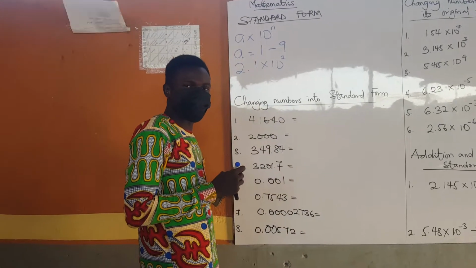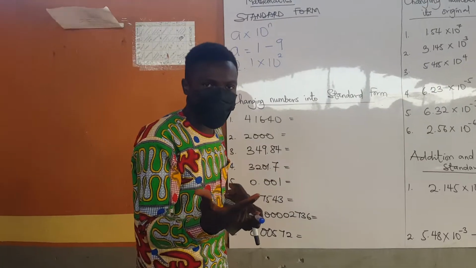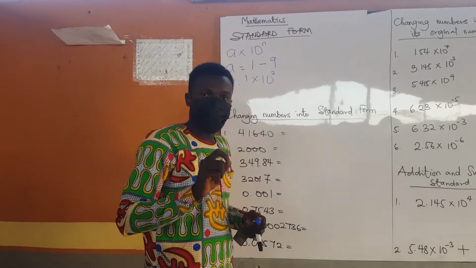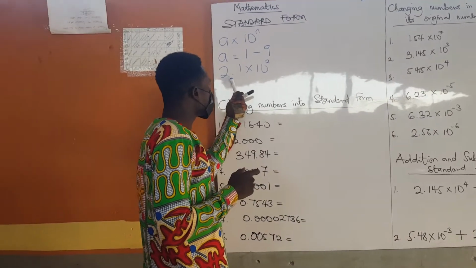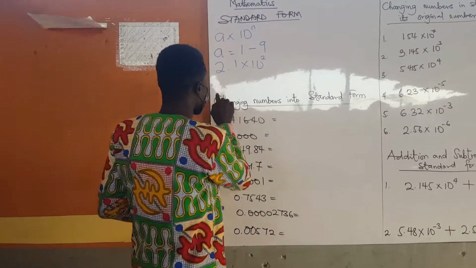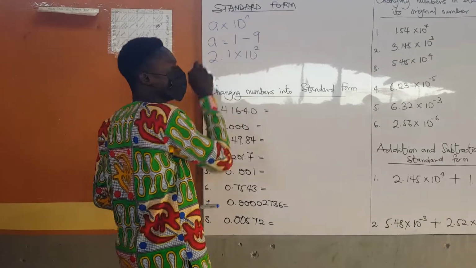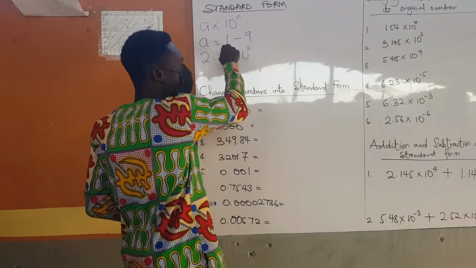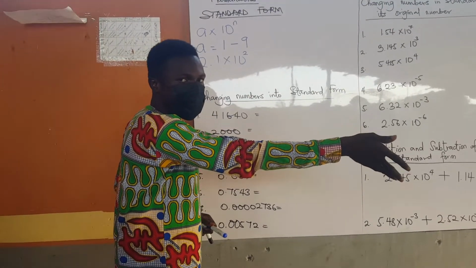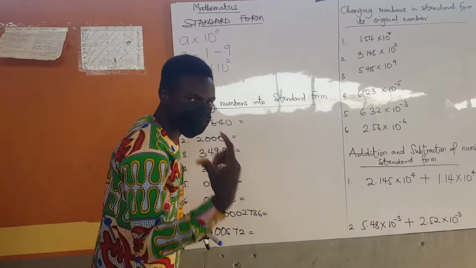This is a standard number. n is an integer. It can be negative, it can be positive. This number is in standard form because for 2.1, I can locate the 2 in the range 1 to 9.